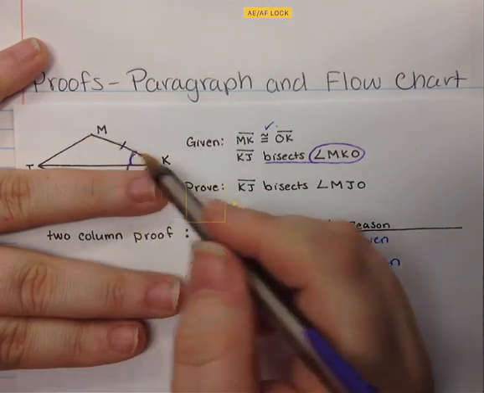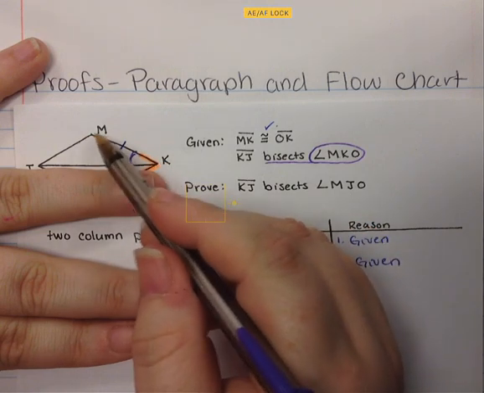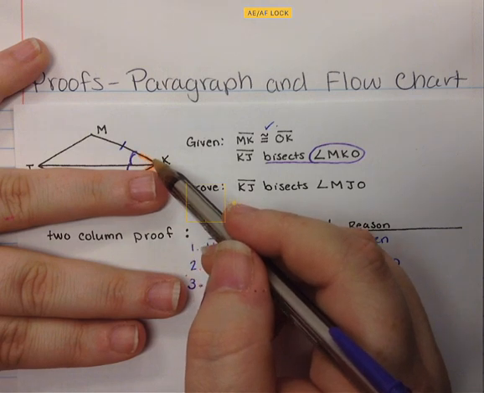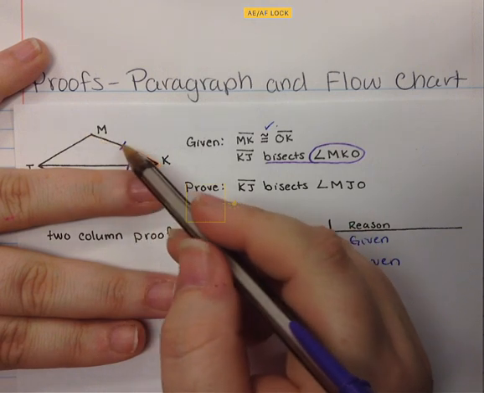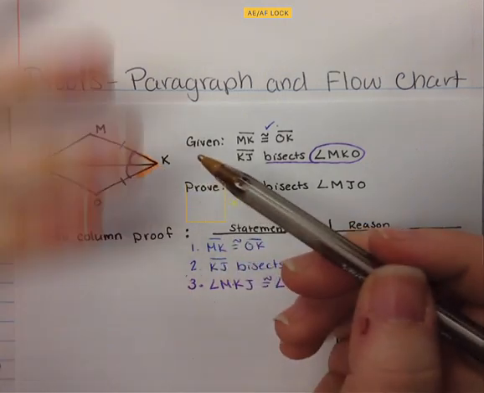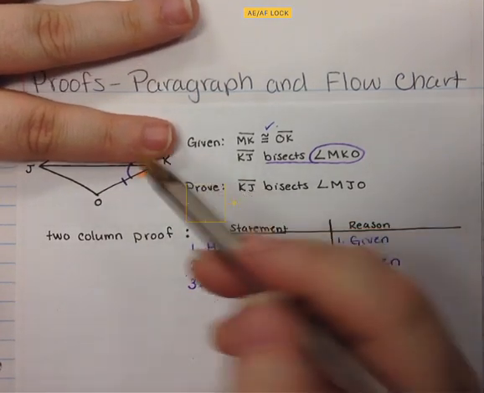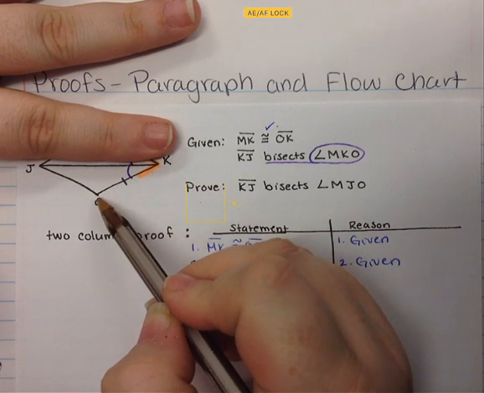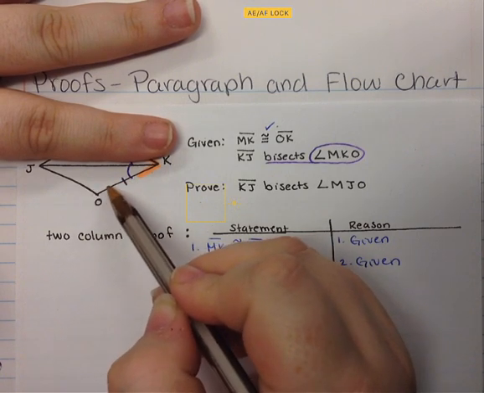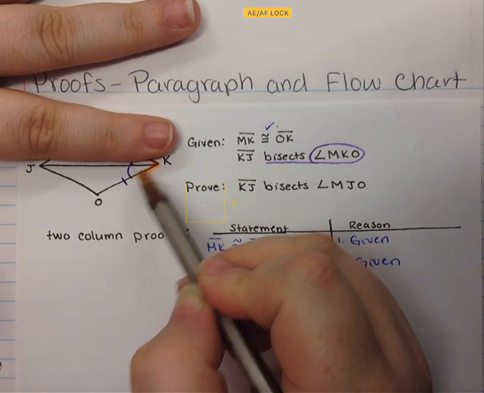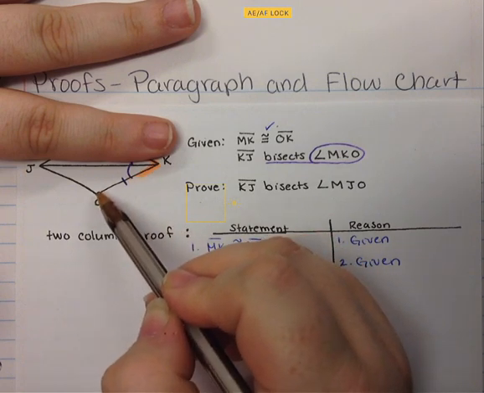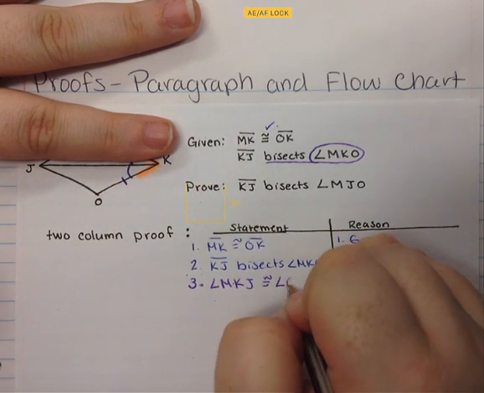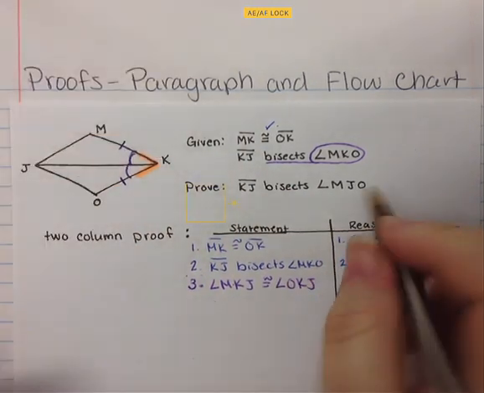If I went from M to K, I went from no arcs across the one line to the arc. So if I cover up this triangle, I have to go across this one tick mark. The other letter that goes there is O. That has no arcs, across the tick mark to the arc. So I would say angle O to K, then across to J. So angle OKJ.